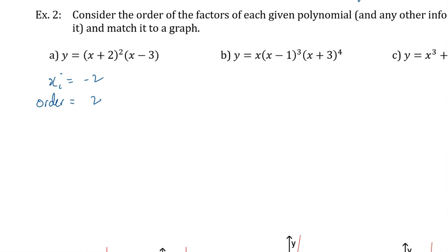X minus 3 means an x-intercept of 3. That one has no exponent, so the exponent is obviously 1. So it has a degree of 1 or an order of 1. So this is a turning point, and this is a straight pass-through.